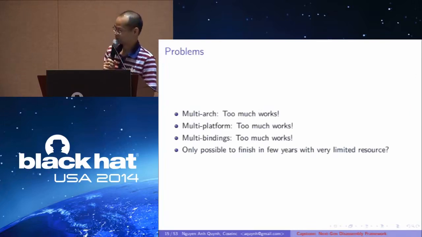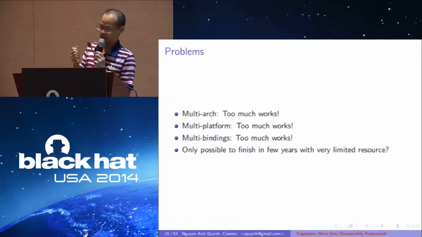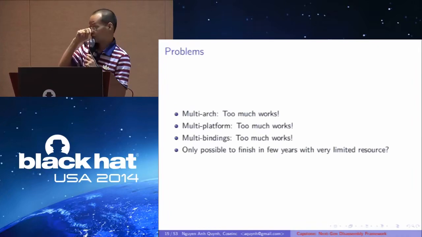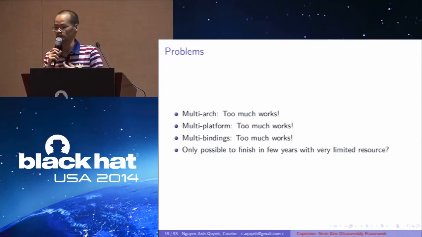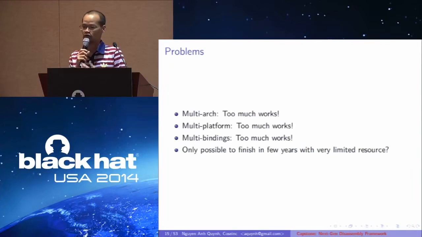Multi-platform, also a lot of work. Multi-bindings, too much work. You need to support all those bindings, and you need to be good at all of those languages to build the bindings for them. So do you think it's possible to finish the Capstone project in a few years with very limited resources? Why limited? Because Capstone started as a single-man personal project, and much later, when the project became public, the community started to contribute.